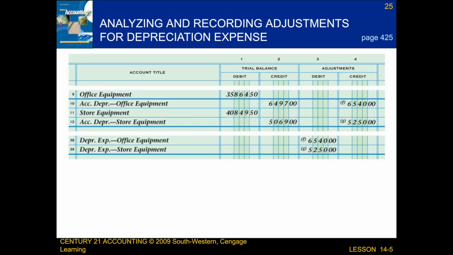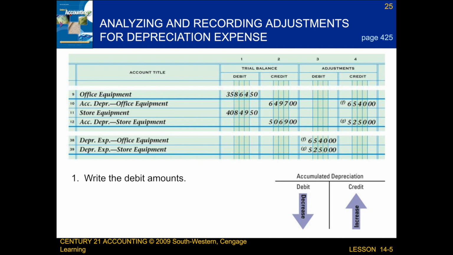Alright, so the last thing that we're going to be talking about in this lesson is analyzing and recording adjustments for depreciation expense. When we analyze and record adjustments for depreciation expense, there are a few steps that we follow. First, we write the debit amounts in the adjustments debit column.